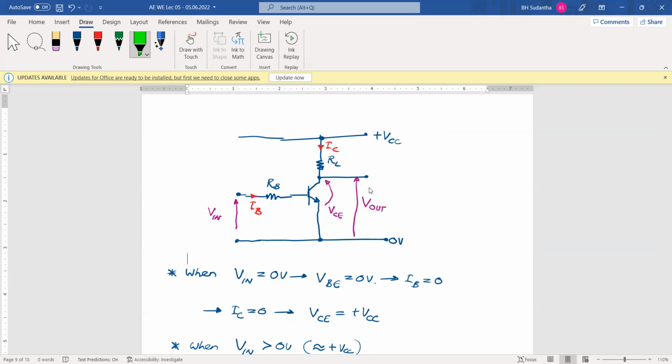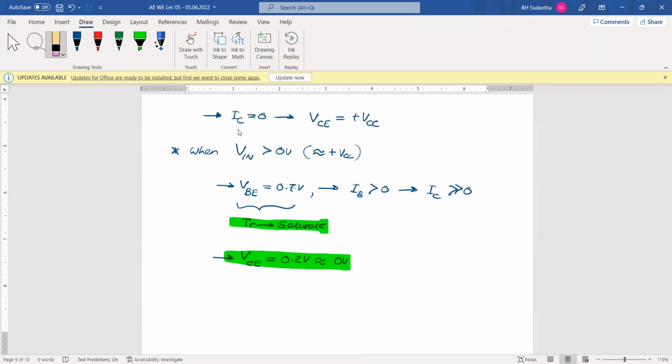Because of that, this VRL will be plus VCC.